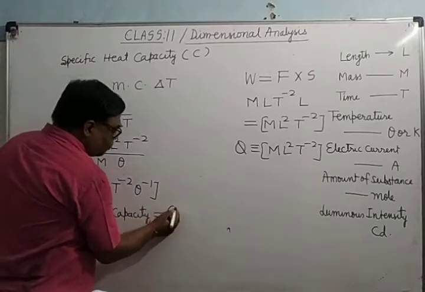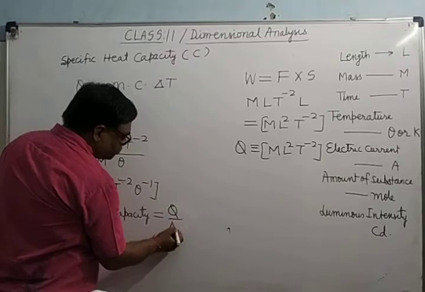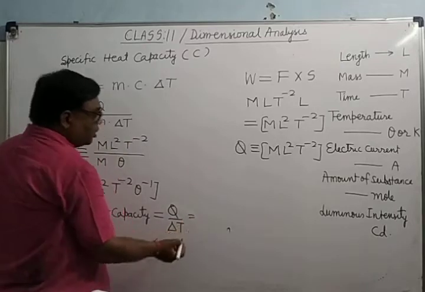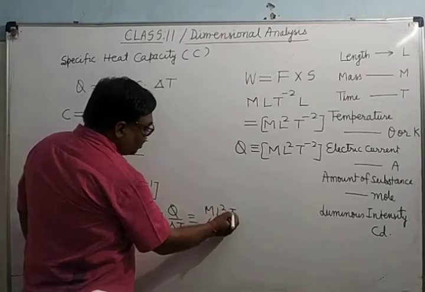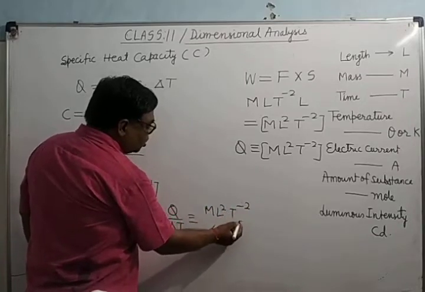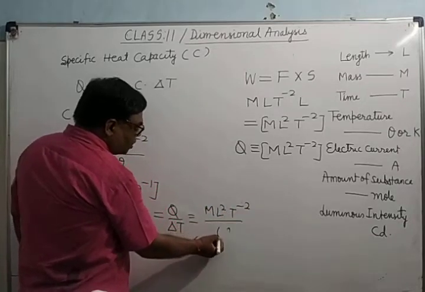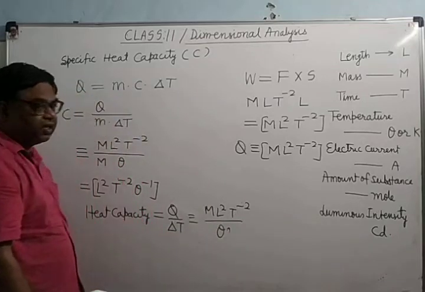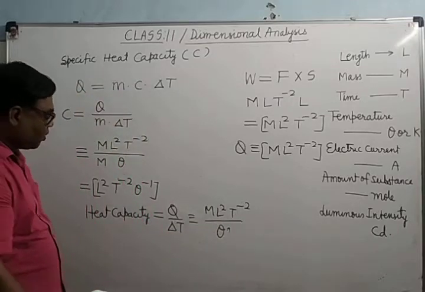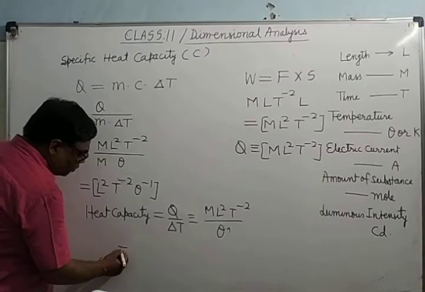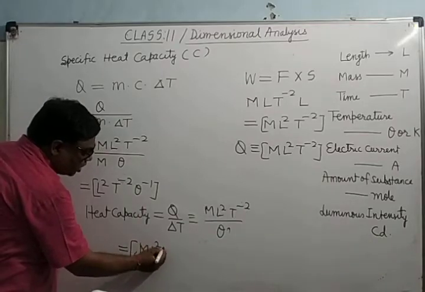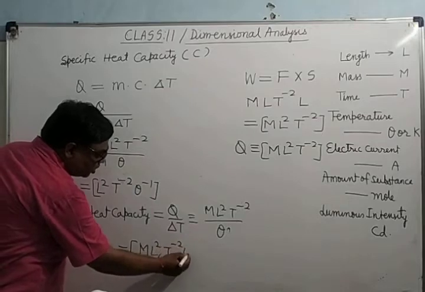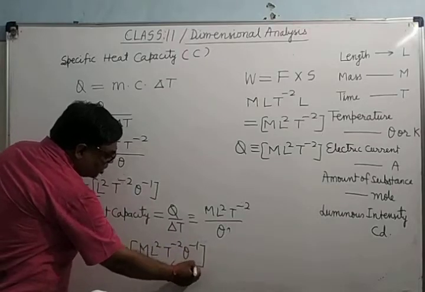It is Q upon delta T. Q is M L square T minus 2. Delta T is temperature, so its dimensional formula is theta. So what will you write? You will write M L square T minus 2 theta minus 1.